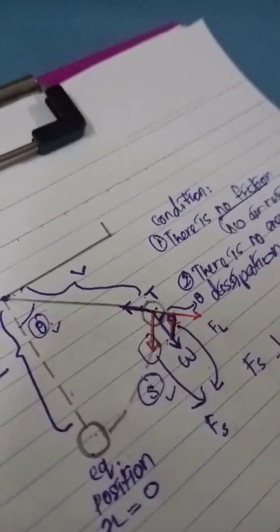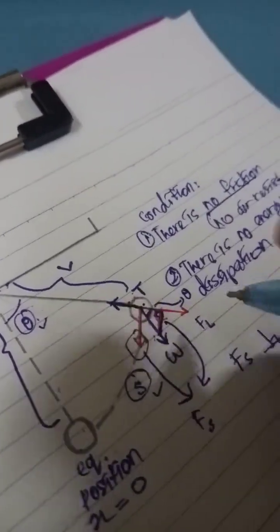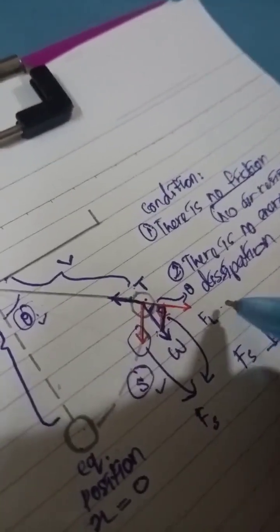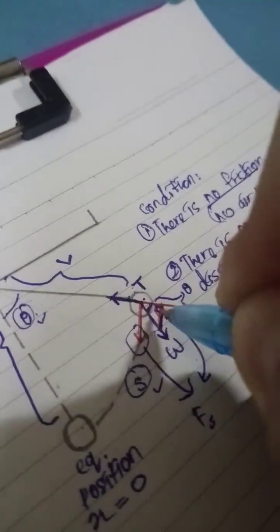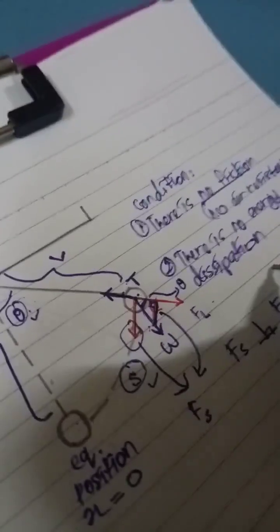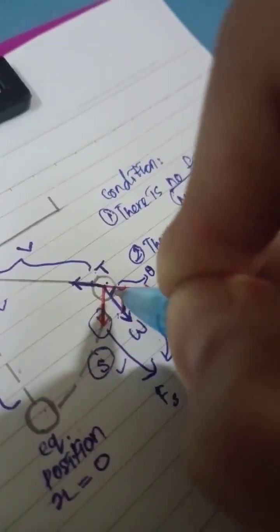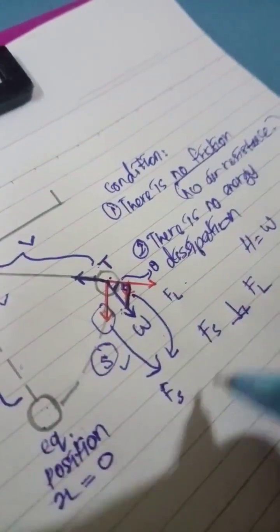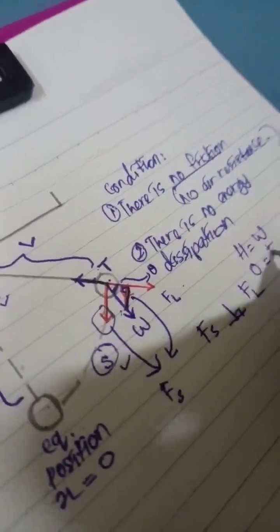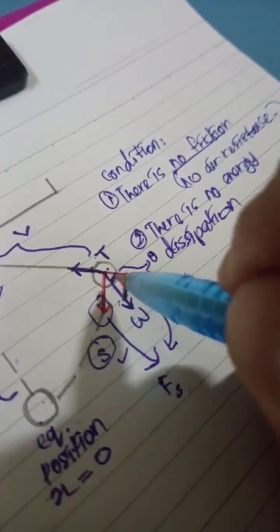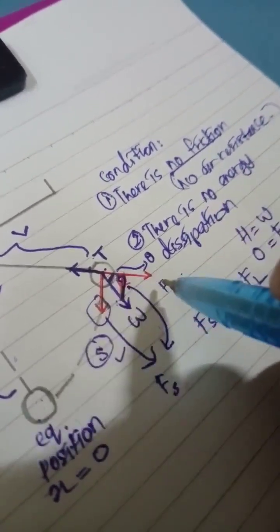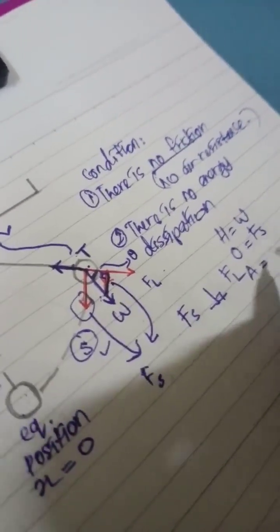So we can make a new equation for the FL. As you can see, we have the hypotenuse, which is W. I'll write for you. The hypotenuse is W, the opposite of theta is FS, and the adjacent, which is over here, is FL.